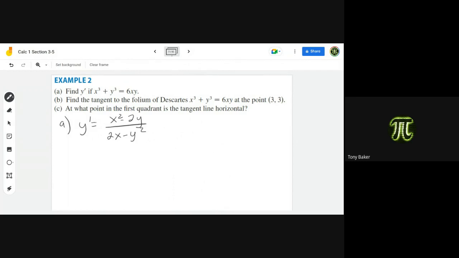The second part of this question said find the tangent line at 3,3. So how do I find my tangent lines? That's going to give me my what? That'll give me my slope. So let's plug in 3,3 to this point.